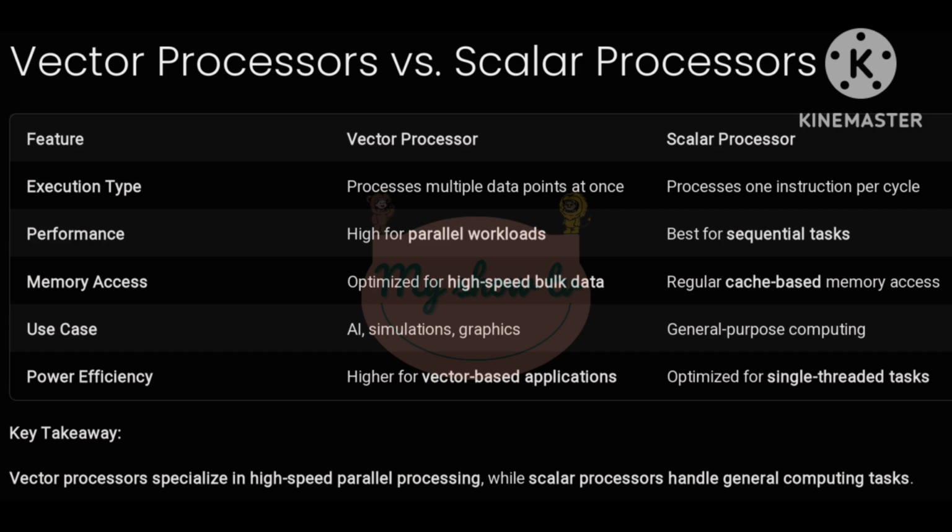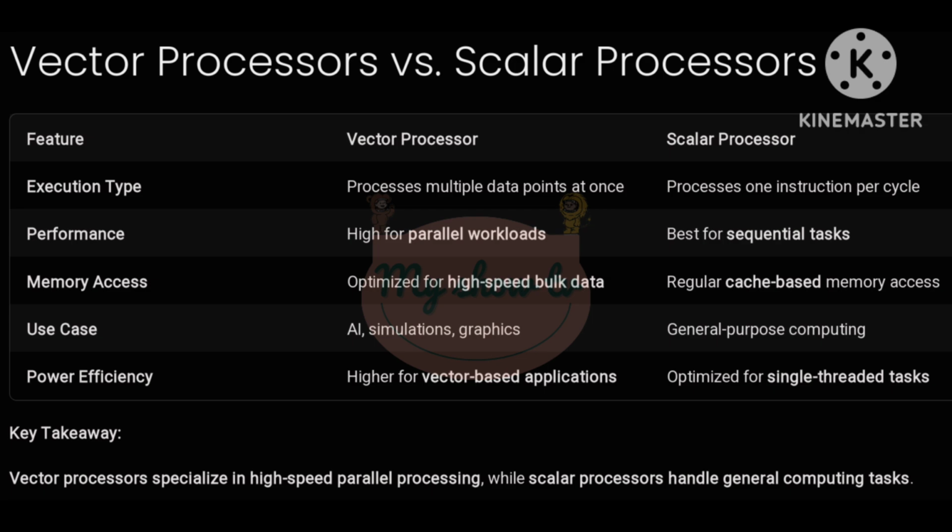Performance. Vector processors excel in parallel workloads like AI, simulations, and scientific computing because they handle multiple computations at once. Scalar processors, being optimized for single instruction execution, perform better in general-purpose computing tasks that don't require massive data parallelism. 3. Memory access.